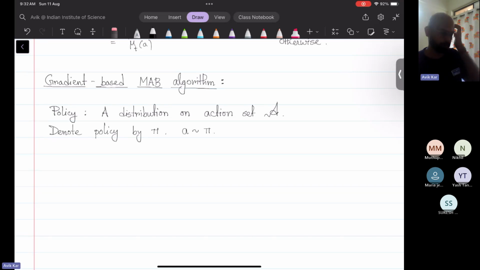And you have also, I guess, studied parameterized policy.